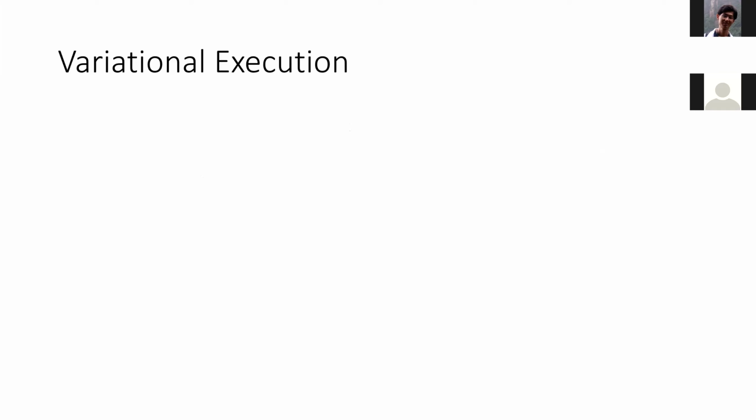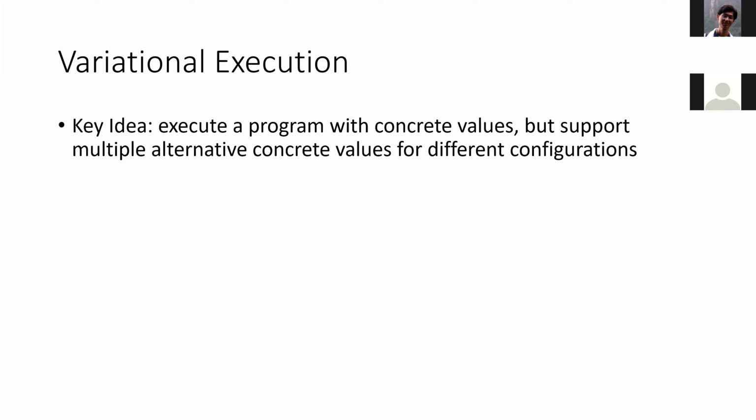So we'll talk a bit about variational execution first. The key idea is that we execute a program with concrete values, but these concrete values are usually a combination of multiple alternative values, which represent the different values for different configurations.